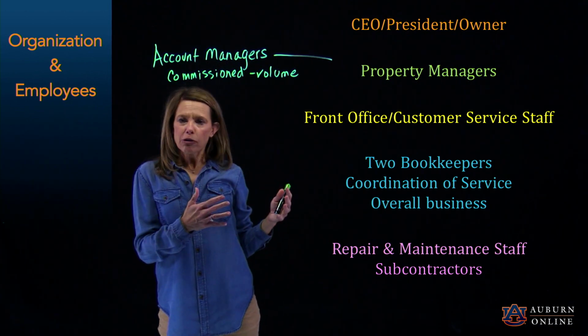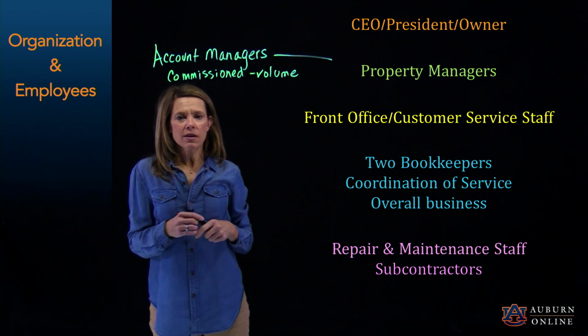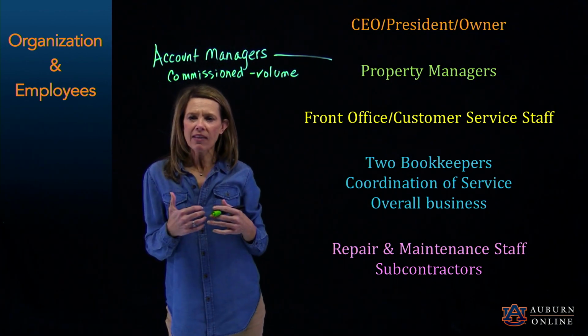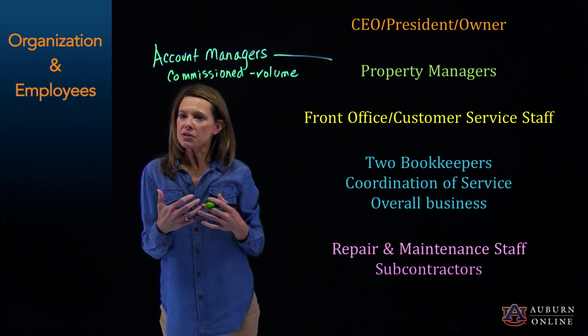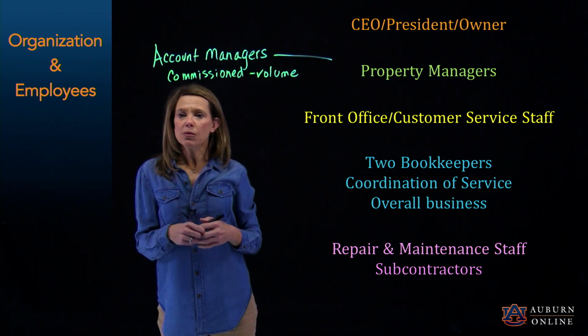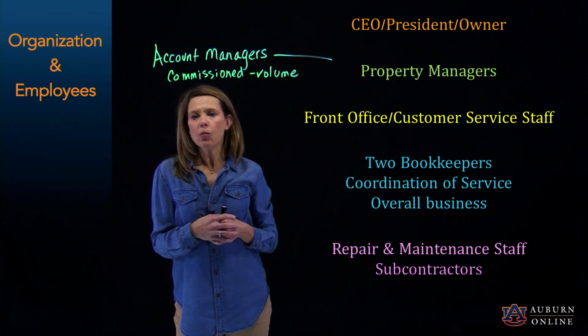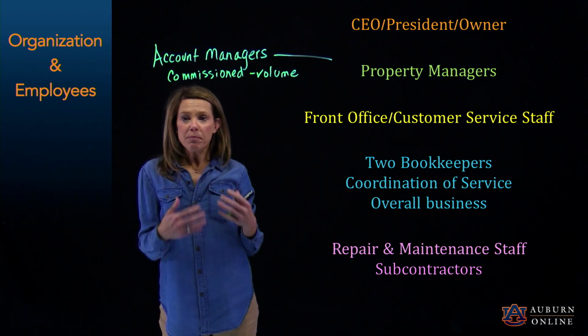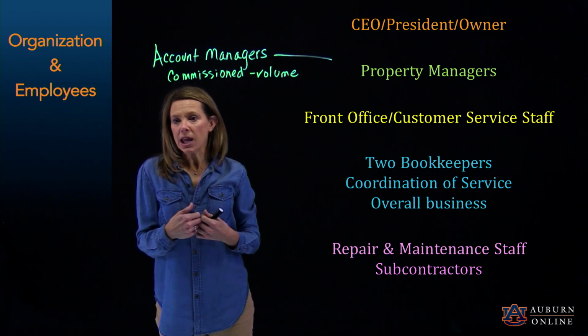So the other group of employees that we have are our front office and customer service staff. So these are really the main line of customer service people that are dealing with our renters. So we have two people working the front office, and they're both always there. They are both taking in rent payments.